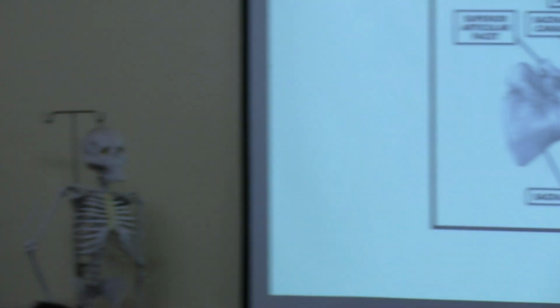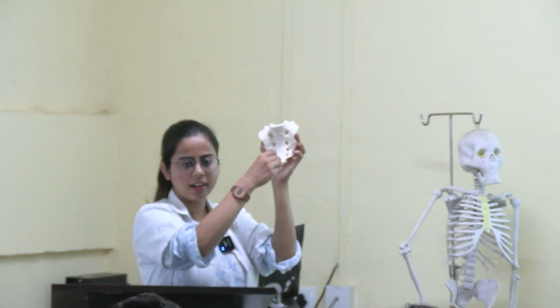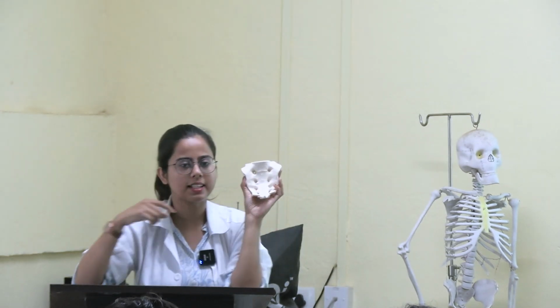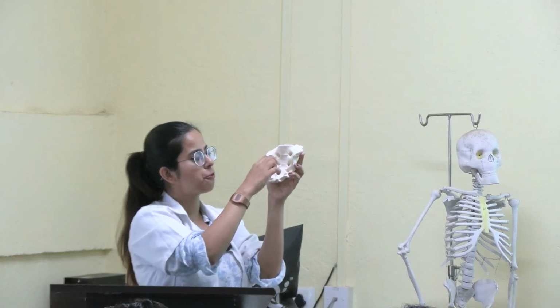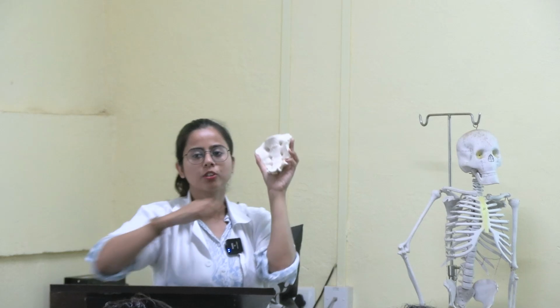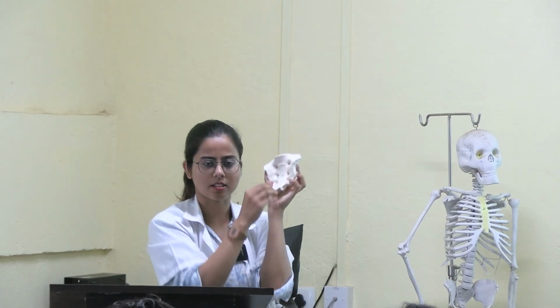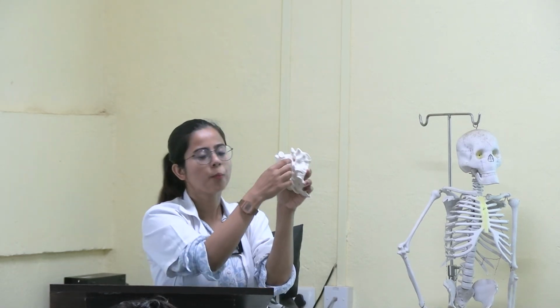So from the front, this is the medial part and these are the lateral parts. The medial part has 4 transverse ridges, representing the fusion of the sacral vertebrae, and lateral to it we have 4 pairs of ventral sacral foramina through which the ventral rami of S1 to S4 sacral nerves come out. Lateral to it we have the lateral masses. The anterior foramen will communicate with the posterior sacral foramen through the intervertebral foramen.